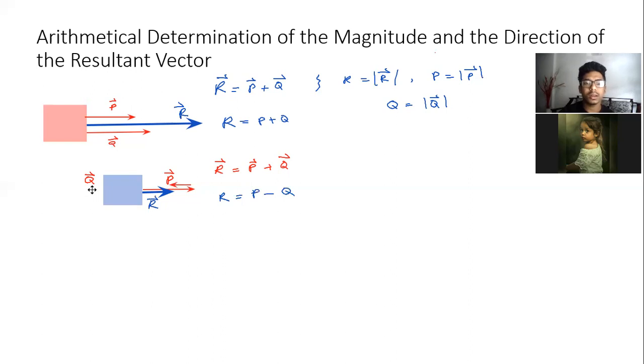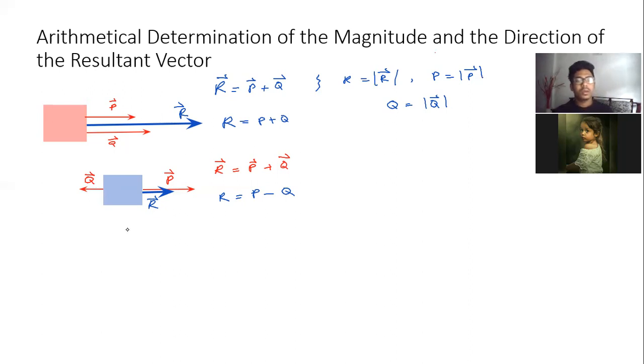But in the triangle law we have to take the other vector from, I think I cannot change the direction. Not possible. Okay, so let's take this Q vector, right? So P minus Q is equal to R.